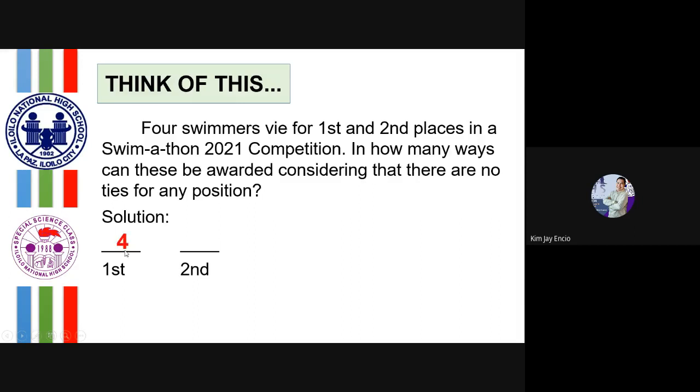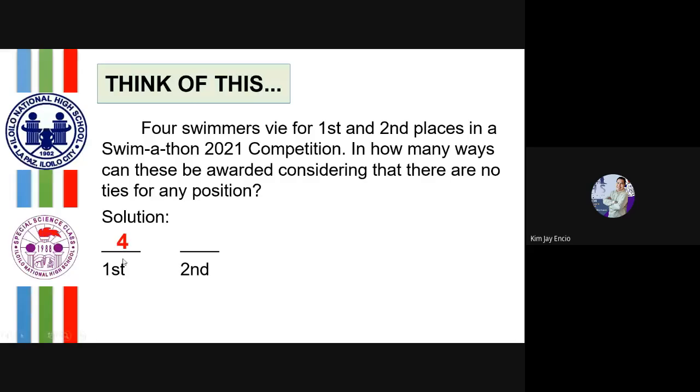Let's say A, B, C, D. But if one of them is taken, there are only three ways to award the second place. And by the fundamental counting principle, we simply have 4 times 3, and there are 12 ways in all to award these two places.